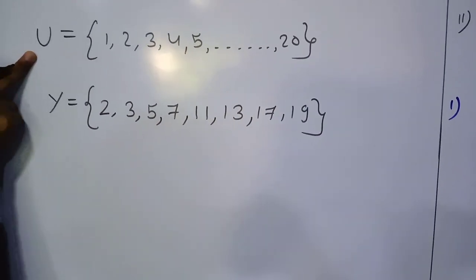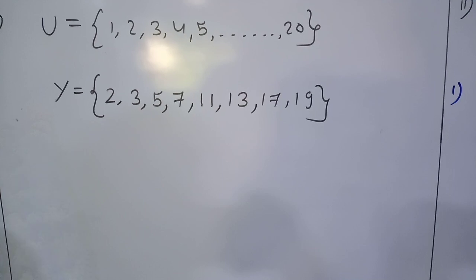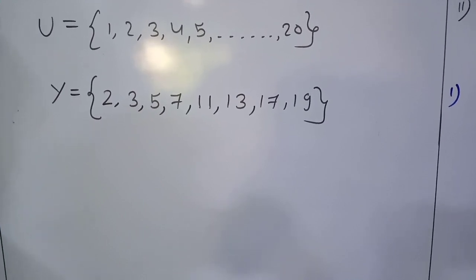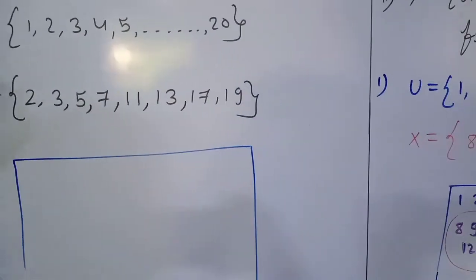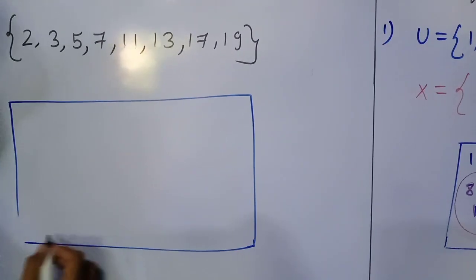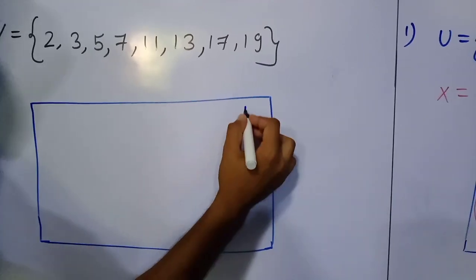So we have the universal set as well as set Y. Now we have to show them by using a Venn diagram. Again for the universal set we are using the rectangle. This is the universal set.